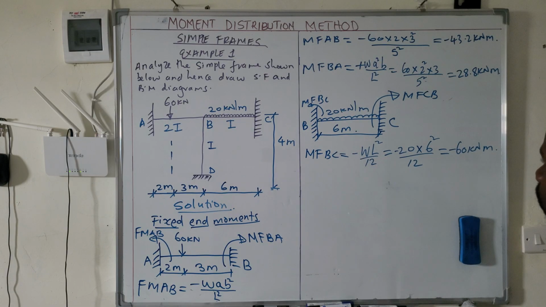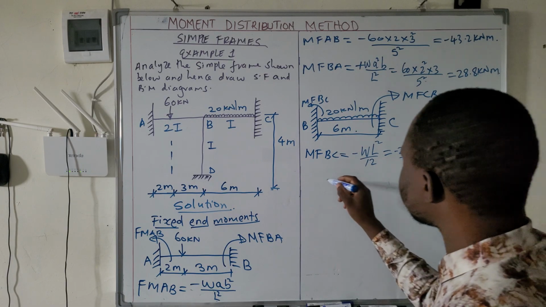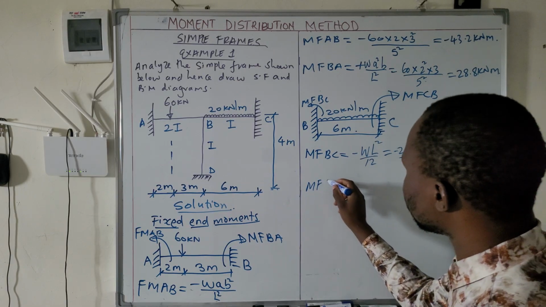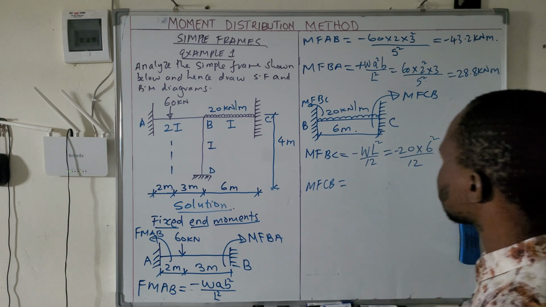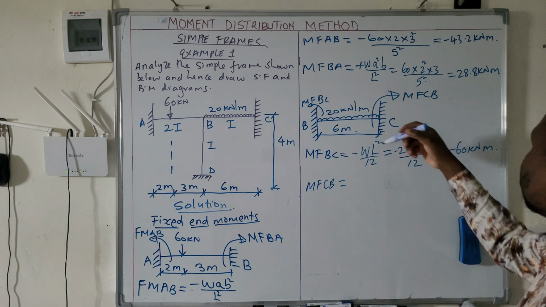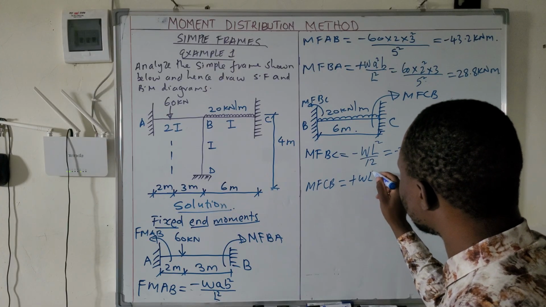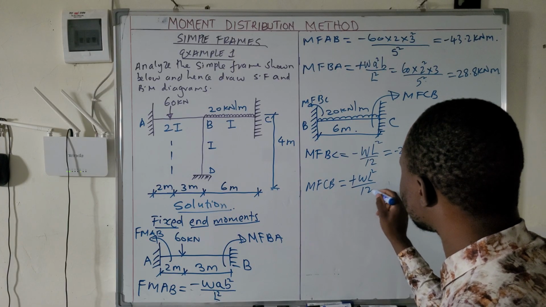We go to MF CD. So this one will be, because it is going in clockwise direction, plus WL square over 12.